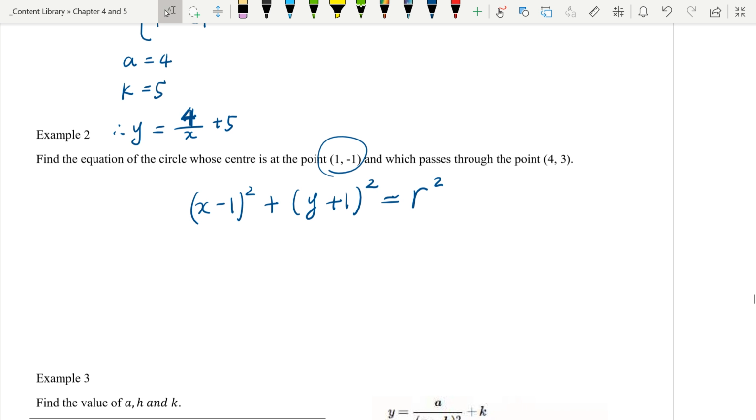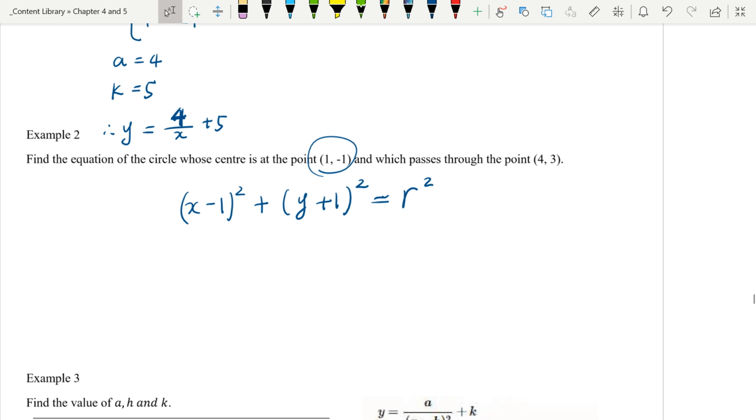Can anyone tell me, other than substitution, how I can solve out the radius quickly? Gradient? No, it can't be gradient. You're close.